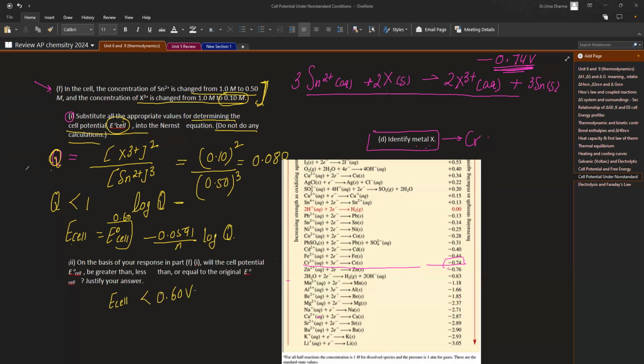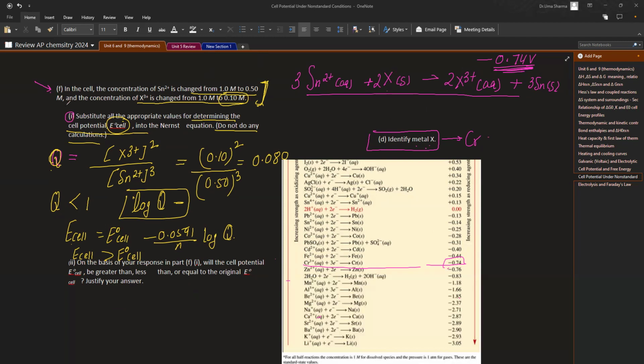Oh, what is this? Sorry, it's more than, because log Q is negative, right? So can I say that E cell is greater than E naught cell? And E naught cell we already know. You know the elements. It was given in the previous part. Yes, good.